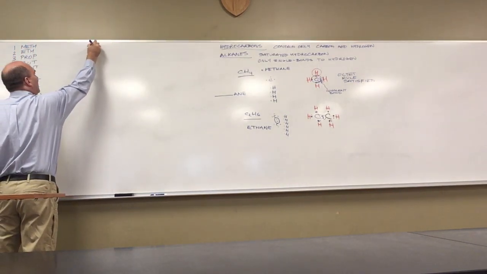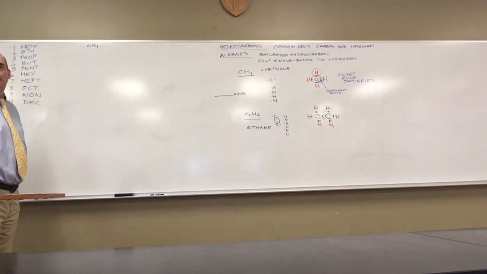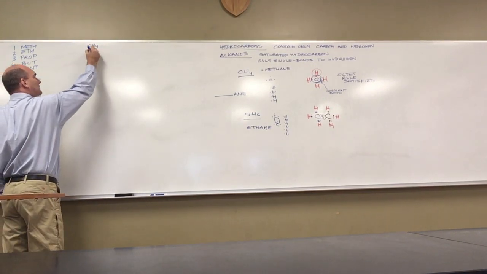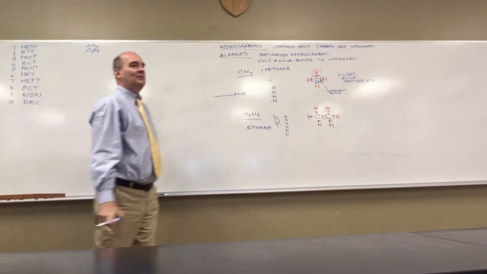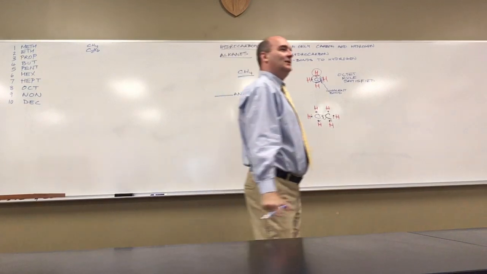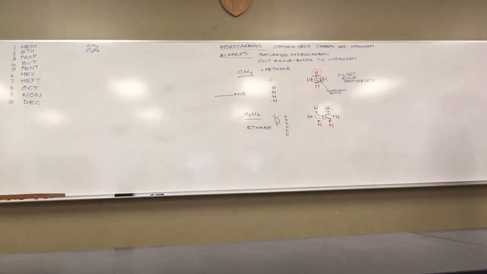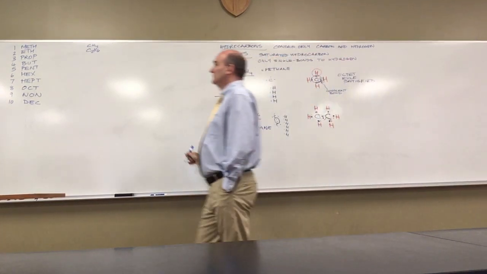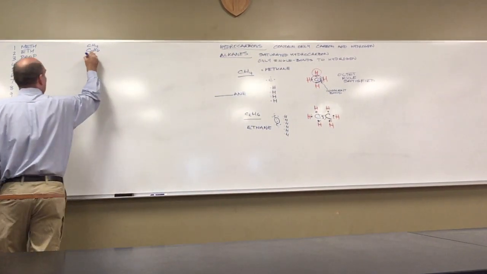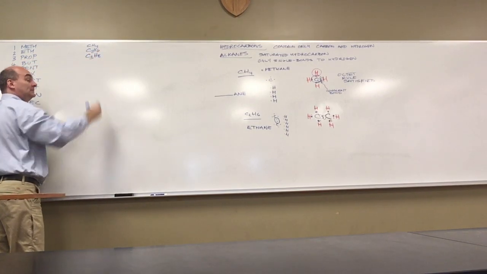So methane, CH4. Ethane is C2H6. Use your enormous human brains and predict to me what the chemical formula of propane is. C2H8. C3H8.